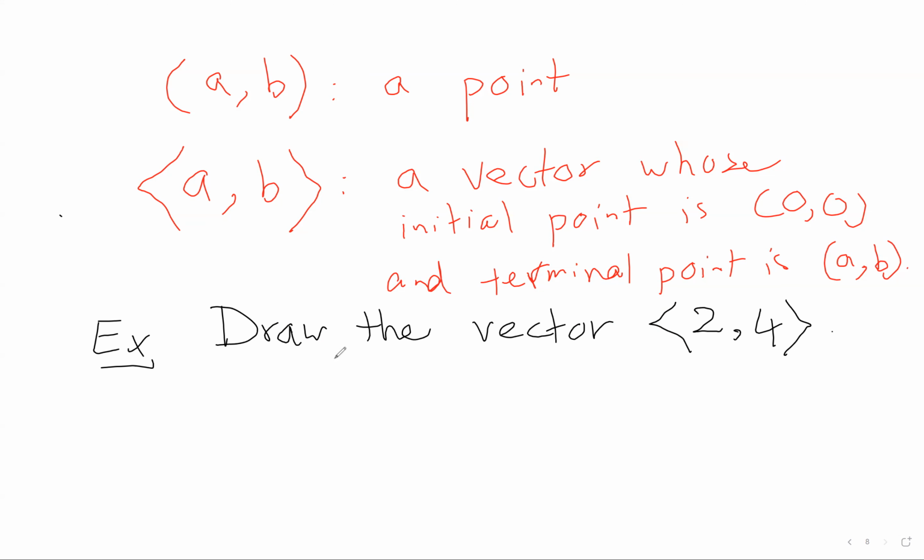And suppose we have a coordinate system. This means the initial point is 0, 0, and the end point is 2 and 4.